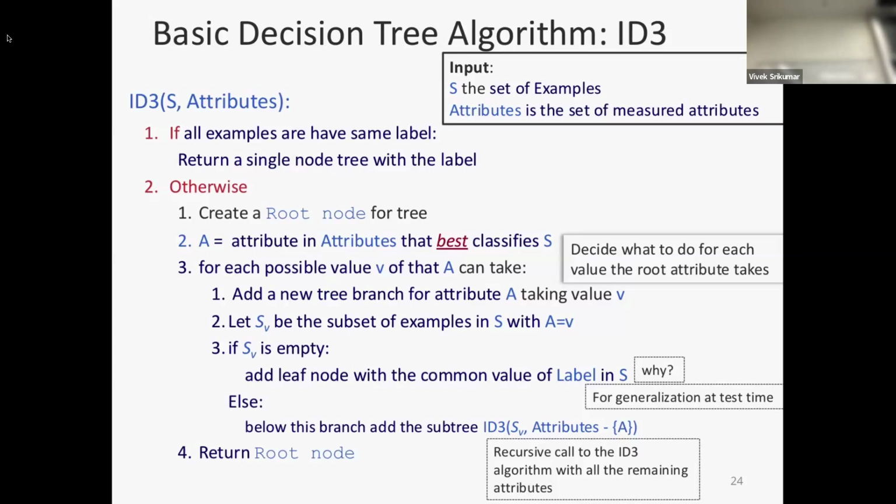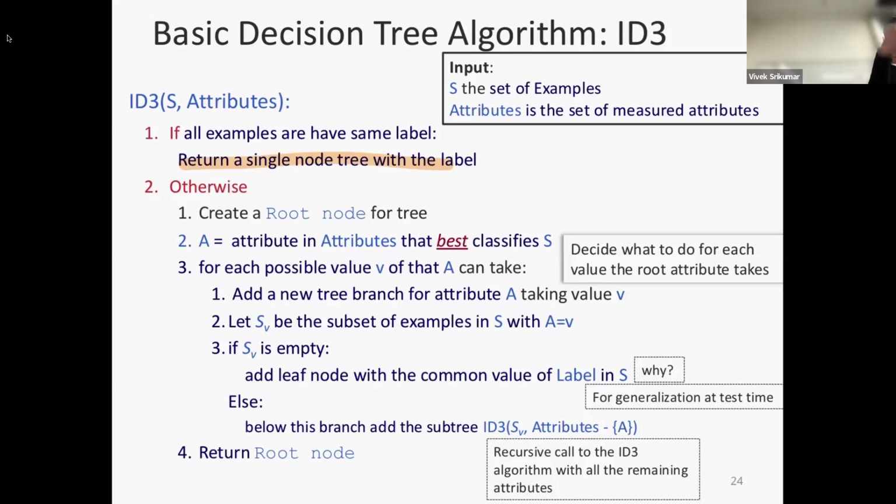If you're given a data set, and if every example in the data set has the same label, remember your data set consists of examples. Because we are operating in the supervised setting, every example consists of a bunch of features and a label. Our goal is to build a system that can use the features to predict the label. So if every example in your data set has the same label, then you really don't need to look at any of the features. You can build a leaf node with just that label. That's the base case here.